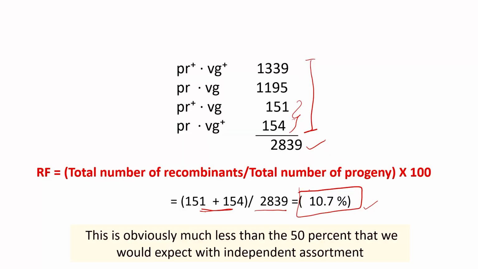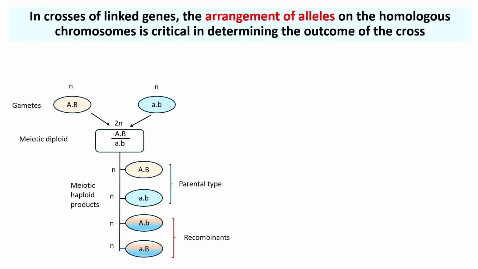So this is one way, and you have already noticed, I will repeat it once so that it is clear to you, that we say that the parental types are predominant. So here, the same example, I am not going to repeat it. Here you can see the dominant alleles are on one homologous chromosome, and both of the recessive are on another homologous chromosome.